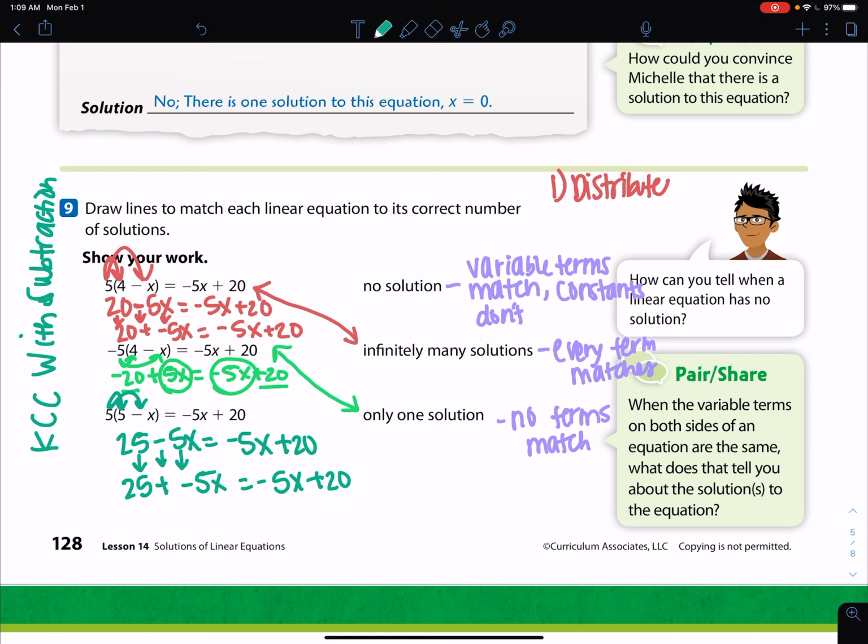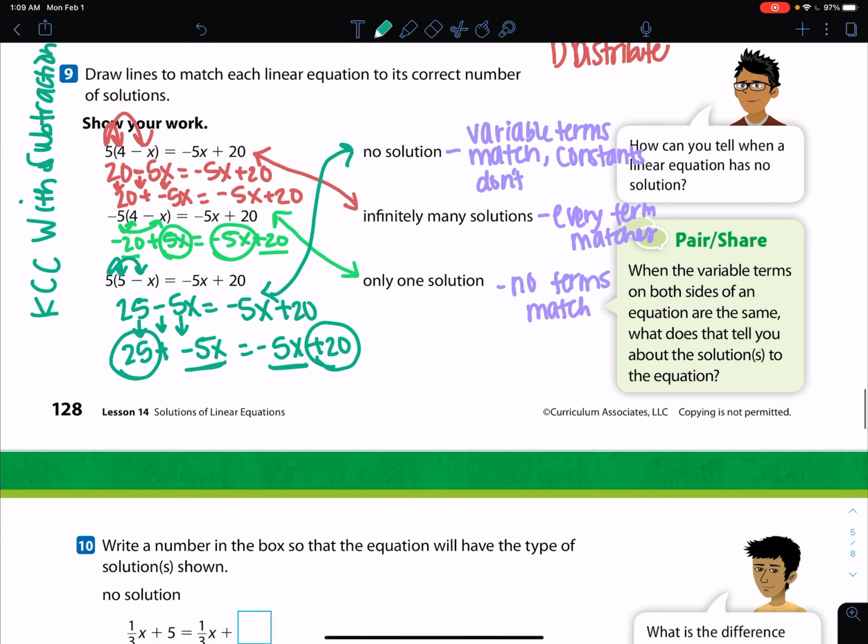So we notice we have the same variable term of negative 5x, but our constants 25 and 20 are different. So this has to be no solution at the bottom. All right, and that is number 9 for us.